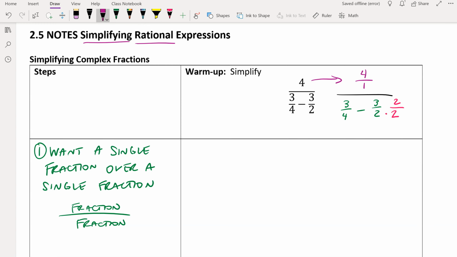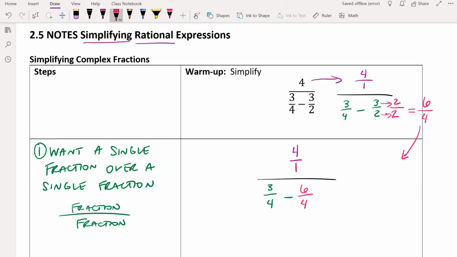We have 4 over 1, that's our top fraction, over 3 over 4 minus, and then, let me do that up here, 3 times 2, you multiply across. 3 times 2 is 6, over 2 times 2 is 4. So down here, I'm going to put 3/4 minus 6/4.